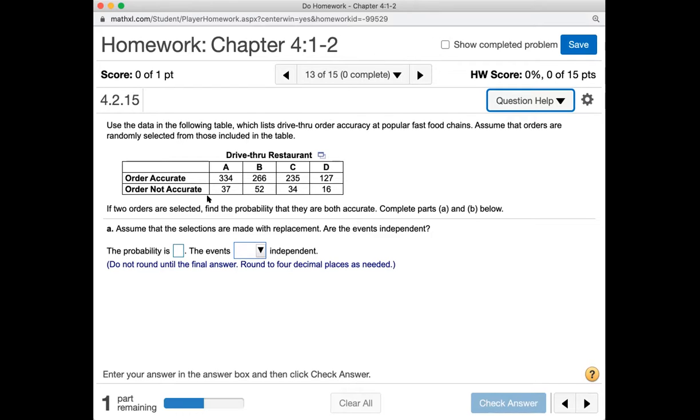We need to add all the numbers in the table; that's the total number of orders, either accurate or not accurate. Then we add all the numbers in the first row to figure out the total number of accurate orders. So we make a fraction, and that's going to be the probability. In this problem, the probability is going to be 962 divided by 1101.